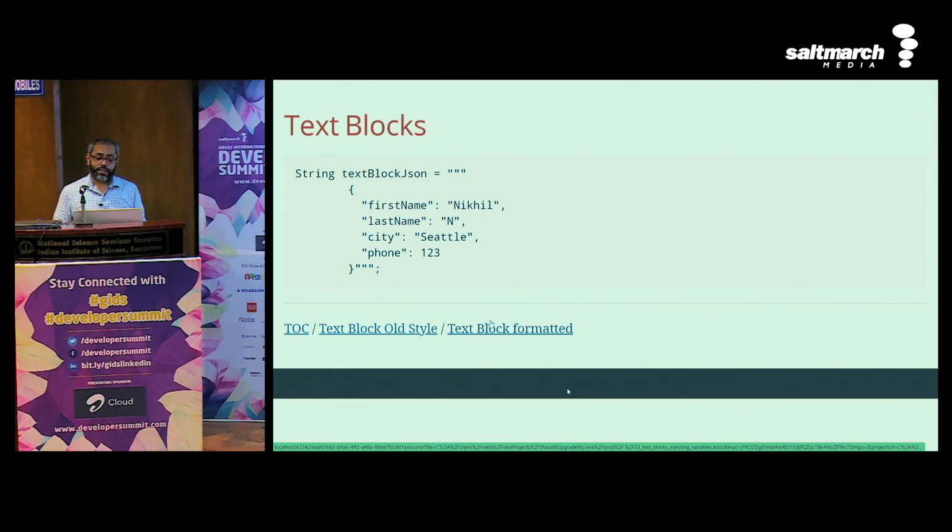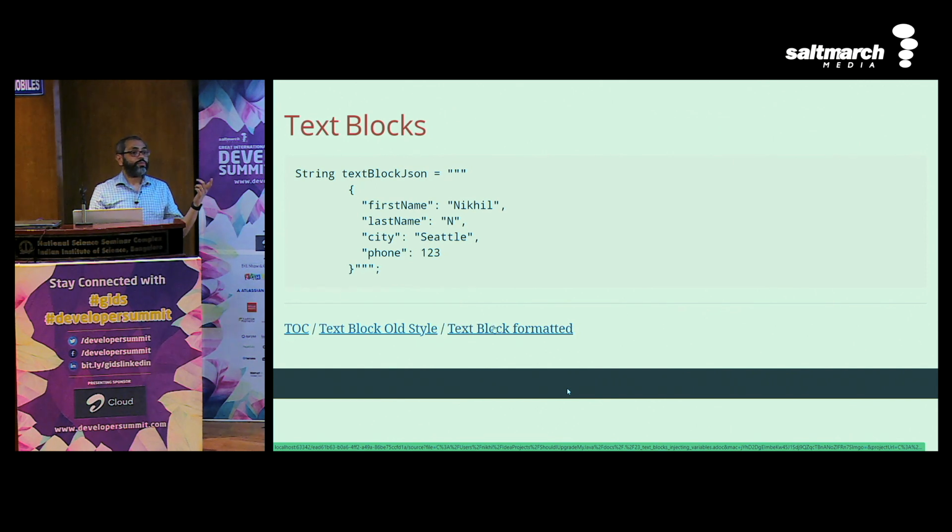The beauty of this is Java will understand that this is a text block, and it will honor all the tabs, all the spaces, and everything that you have put in there. So you don't have to worry that the formatting in your code is going to be different from the representation that comes out, because that is sometimes fairly important.